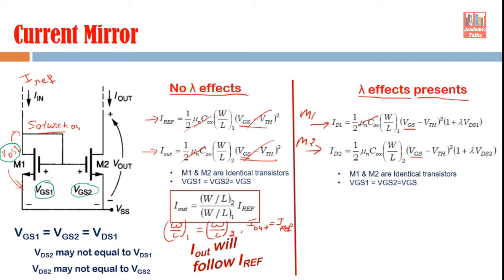So all this part will cancel like this, and even this VGS minus VTH part will also cancel because they are identical transistors. So the ratio will be like this. So I put these brackets here, and remember this ID1 is your I reference.